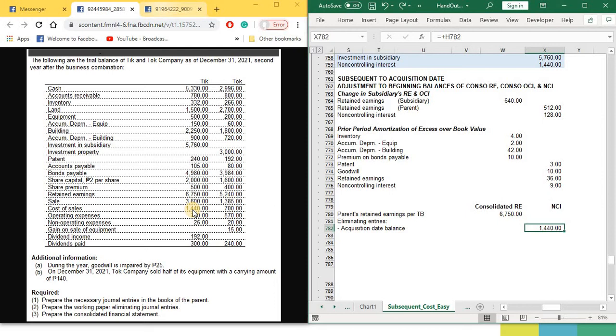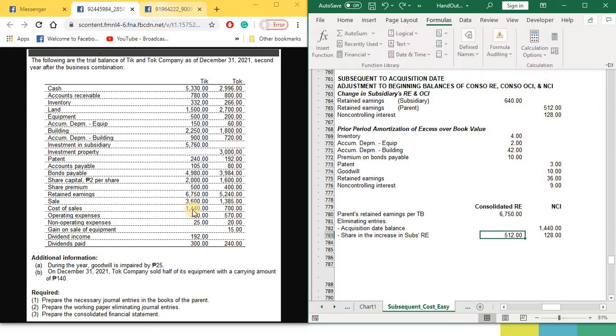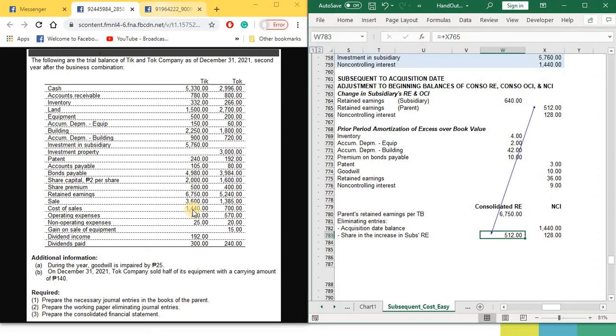Now, let's proceed to the adjustments that we made subsequent to acquisition date, and those are the share in the increase in the subsidiaries' retained earnings. So the controlling interest, the share is 512 and the share of the NCI is 128. So we get the 512 from our entry here as the change in subsidiaries RE, and the 128 is for the NCI.